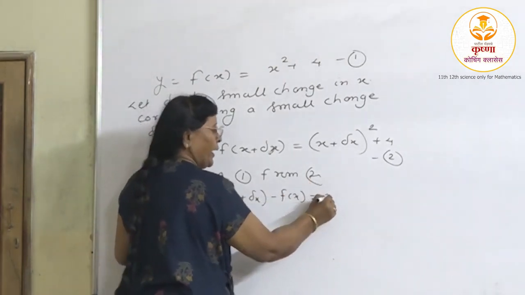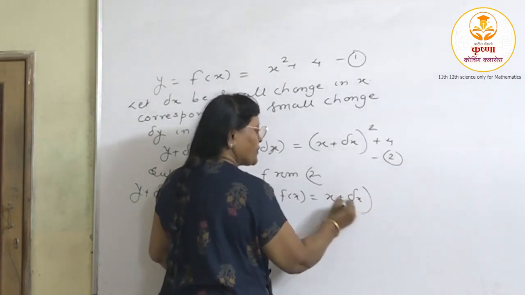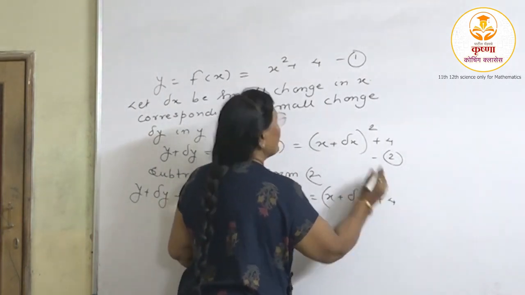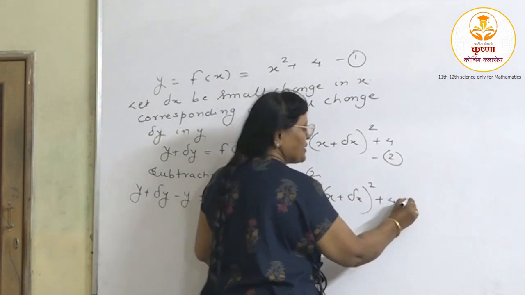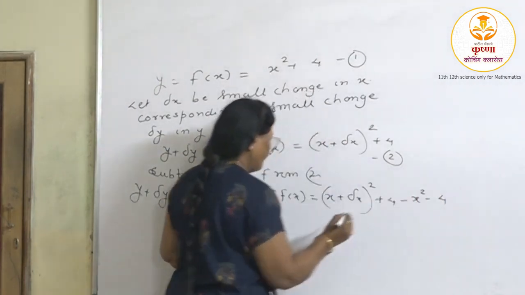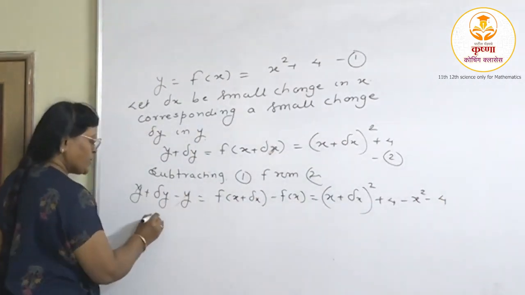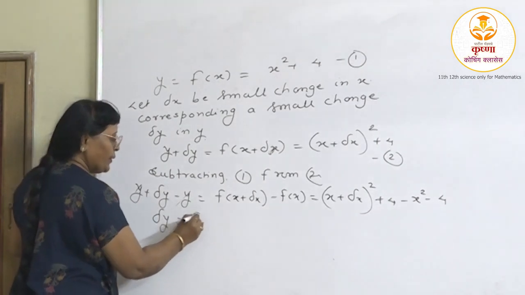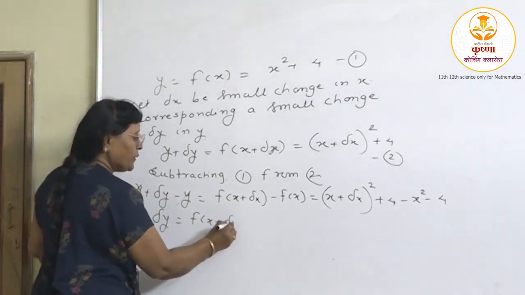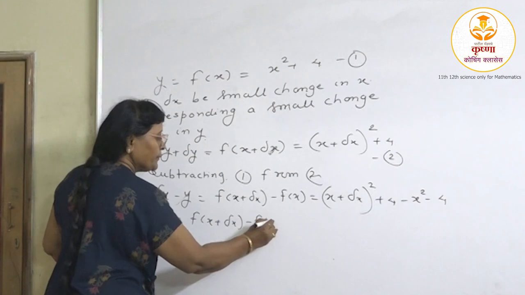Here again, x plus del x whole square plus 4 minus this 2 term, minus x square minus 4. Here y gets cancelled, del y is equal to f of x plus del x minus f of x.